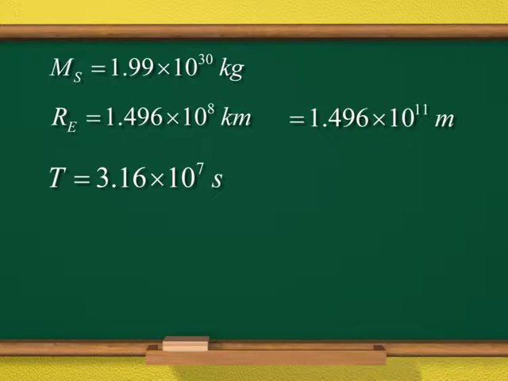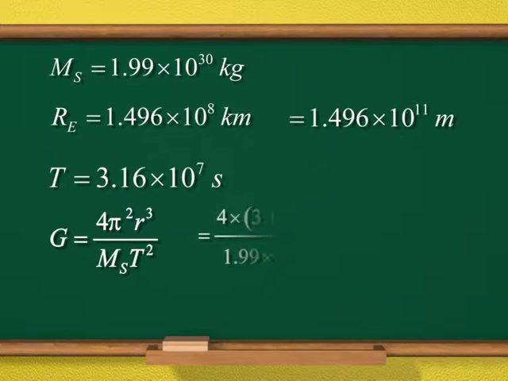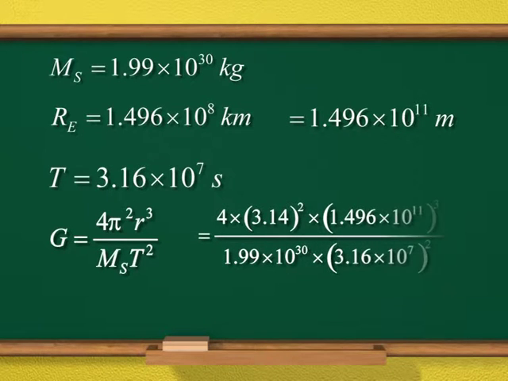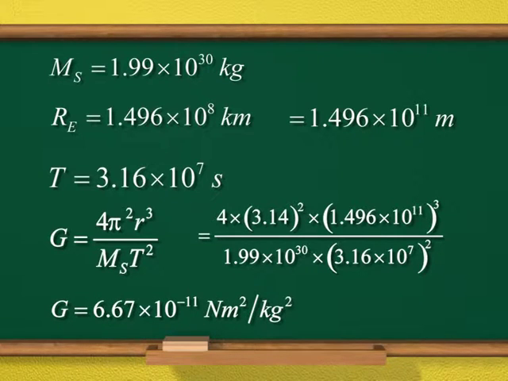This gives G equal to 4 into square of 3.14 into the cube of 1.496 into 10 to the power 11 upon 1.99 into 10 to the power 30 into square of 3.16 into 10 to the power 7, which is 6.67 into 10 to the power minus 11 Newton meter square per kilogram square.